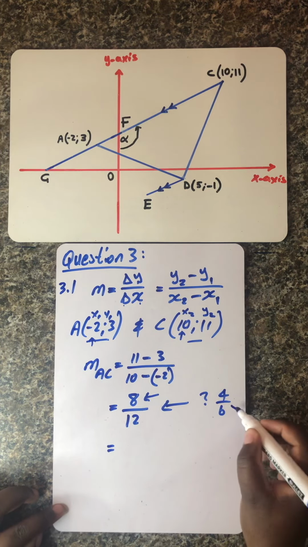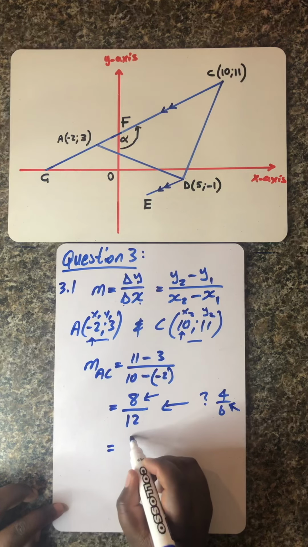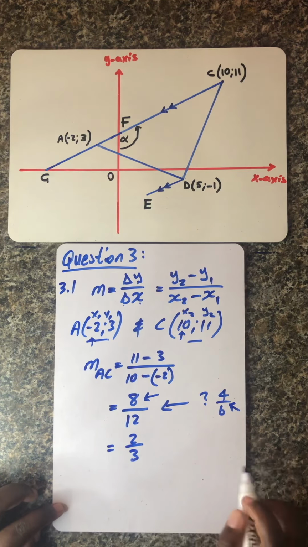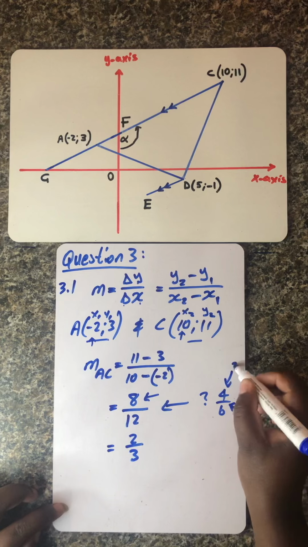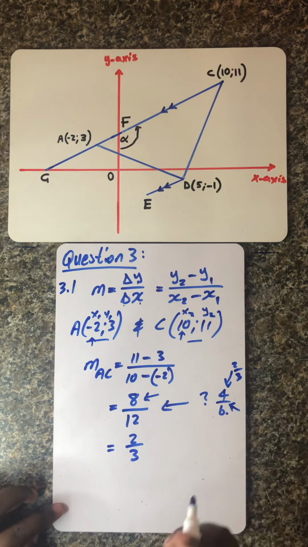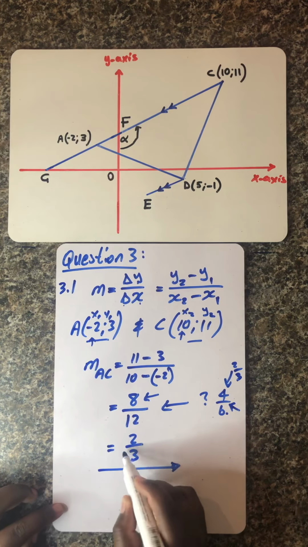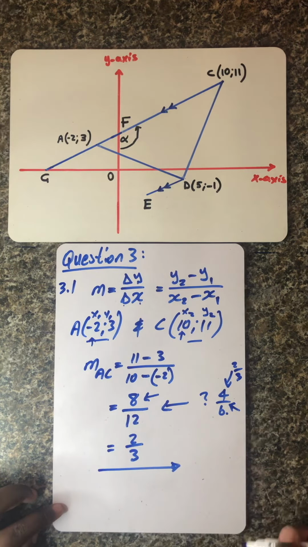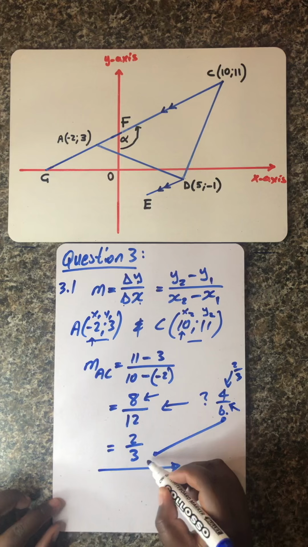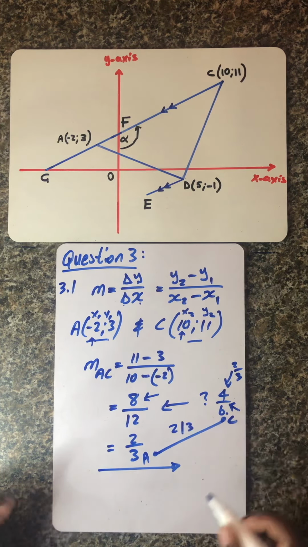So we'll still need another common factor that goes into those 2, which is still 2. Then it goes 2 times and 3 times. So that means 2 goes 2 times into 4, and it goes 3 times into 6. Okay, so that means your final answer in the simplest form is 2 over 3. Okay, so that means the gradient of line A to C is equals to 2 over 3.